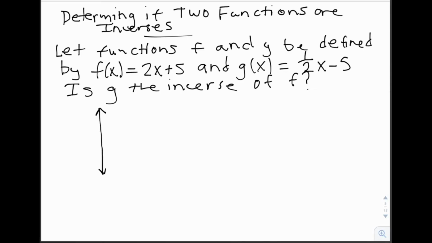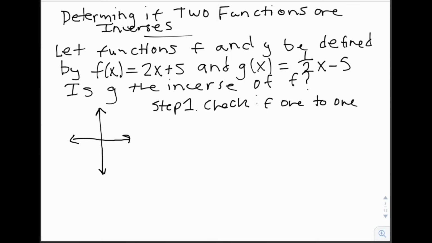So the first thing, if you recall, we want to see if it is indeed one-to-one. So let's perform step 1. We want to check if it is one-to-one, because that will be our first requirement in order to find our inverse.